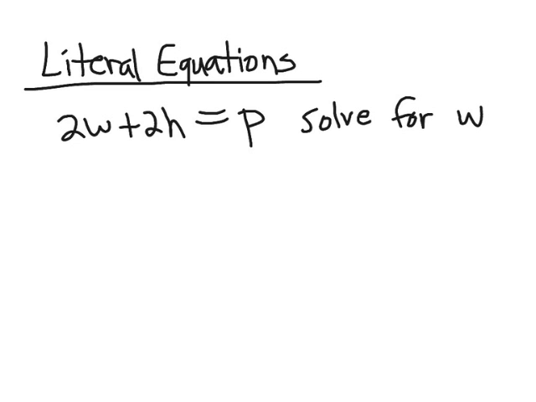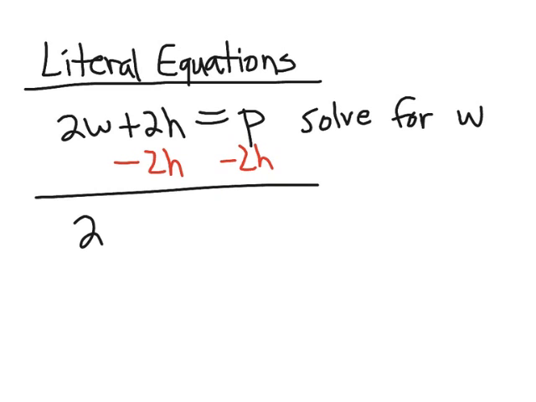So to get the w all by itself, we would subtract 2h on both sides. And we would have 2w is p minus 2h. It's just like solving any other linear equation. This one's linear. There's no powers or anything. The difference is we can't combine our like terms. There's a p and an h. We can't combine them. That's okay.